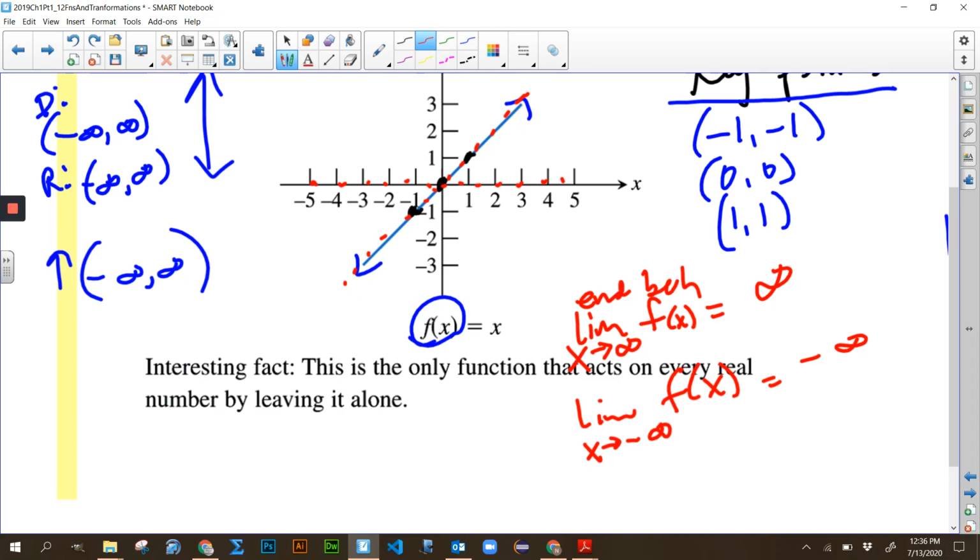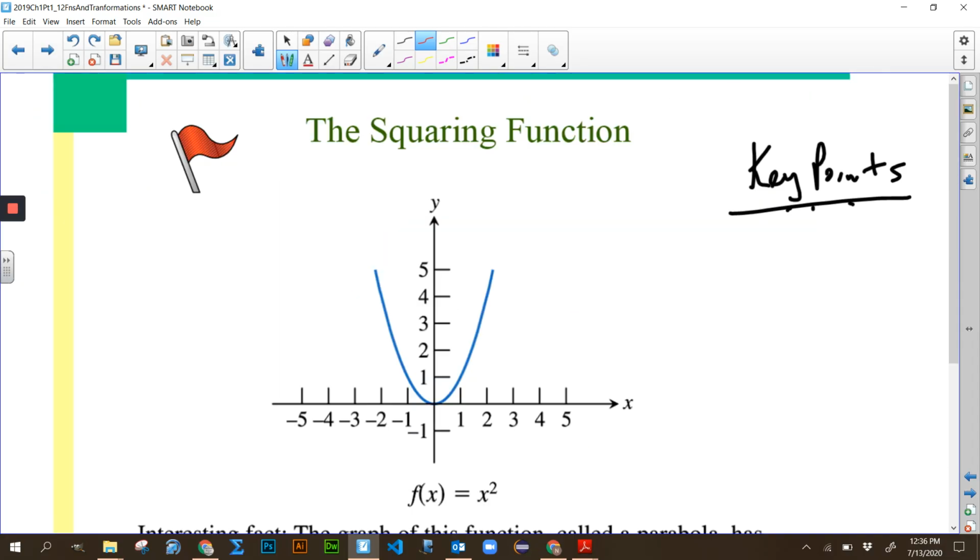All right, our next one is the squaring function, or the quadratic. I think I call it quadratic on yours. That's what it looks like. The key points we're going to look at are these three, and we'll use these for transformations: (-1, 1), (0, 0), and (1, 1).